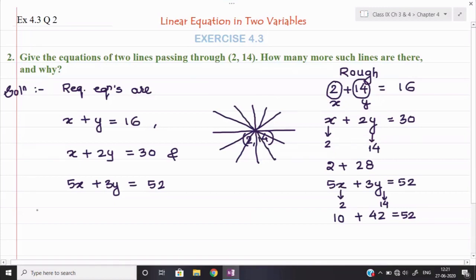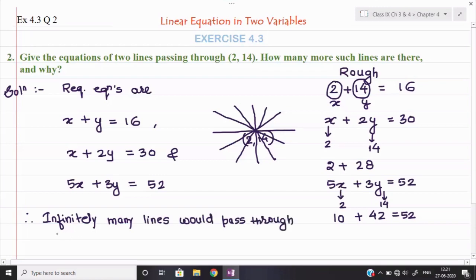So we can say that therefore infinitely many lines would pass through 2 comma 14.